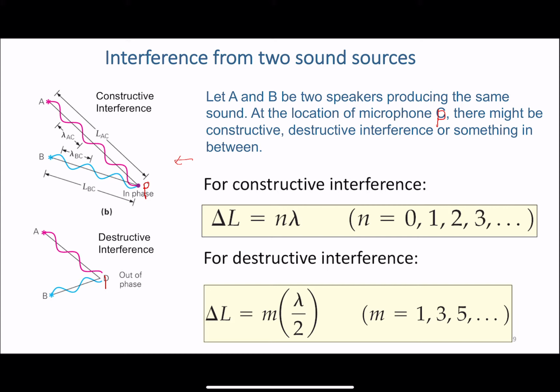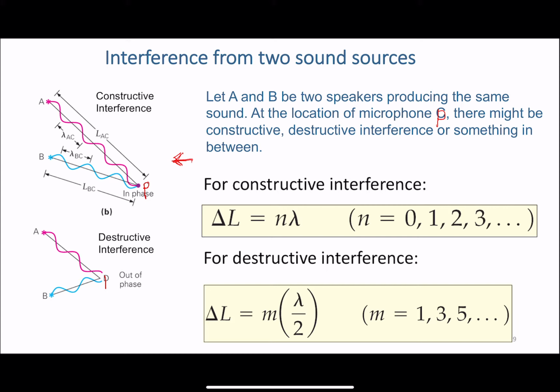What would it mean to have constructive interference at P? You can see that in the diagram here, the upper one. At P, it turns out that the wave from A and the wave from B are exactly in phase, in sync. The distances are just right.